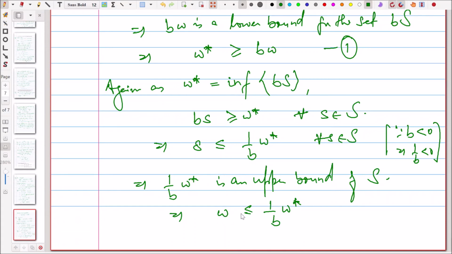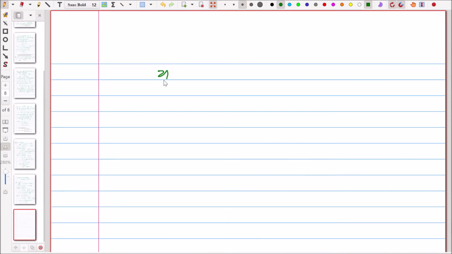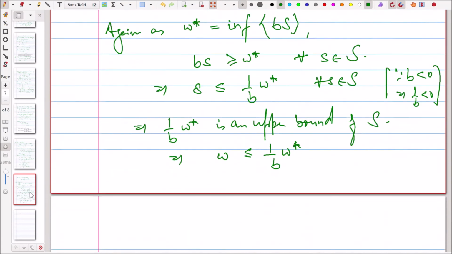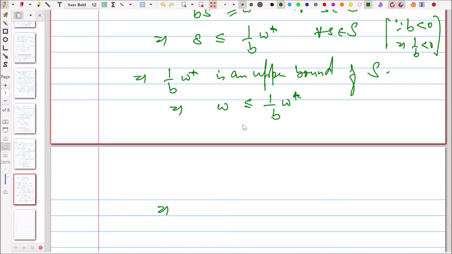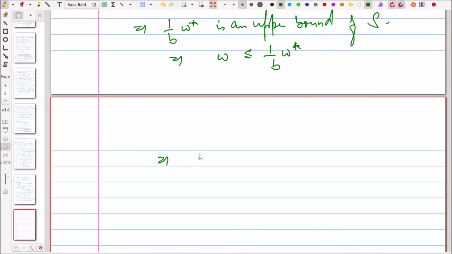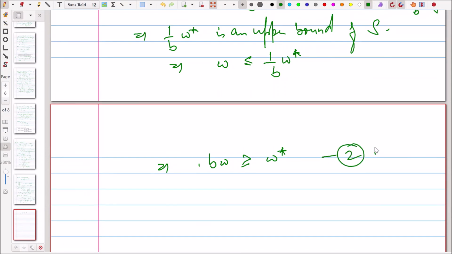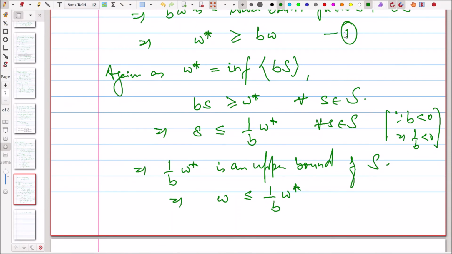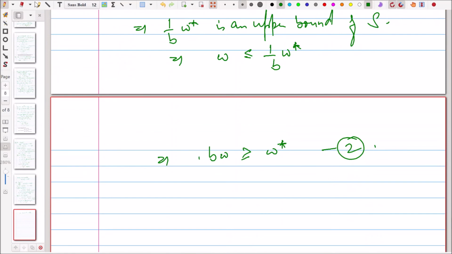Further, we will multiply it by B. On multiplying by B, the inequality will reverse. So BW is greater than or equal to W star. Maybe we can call it star and double star, because we have already used 1 and 2.